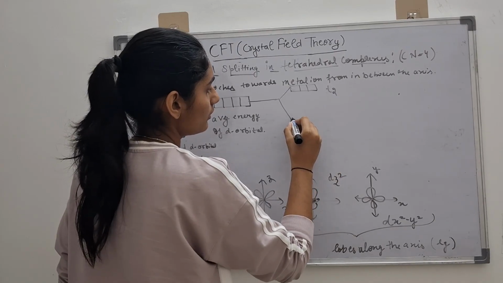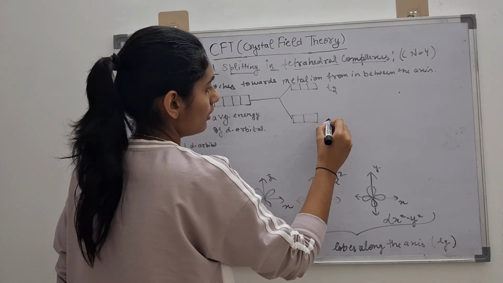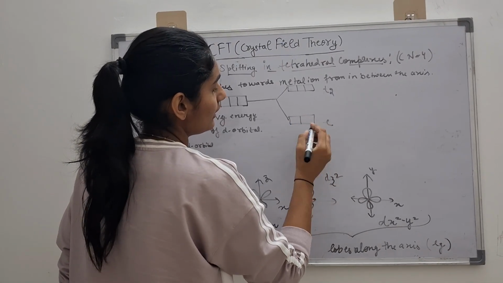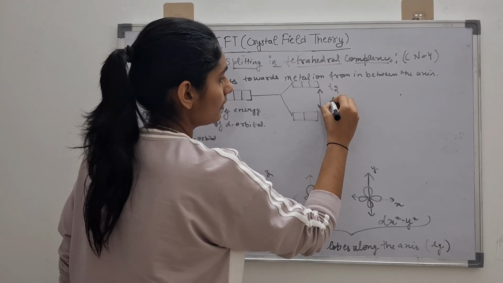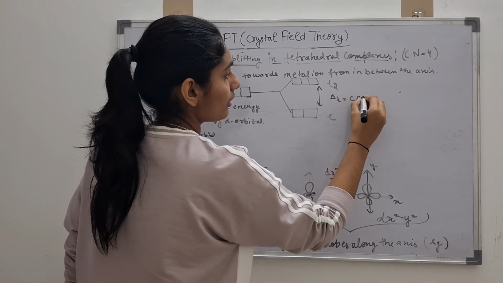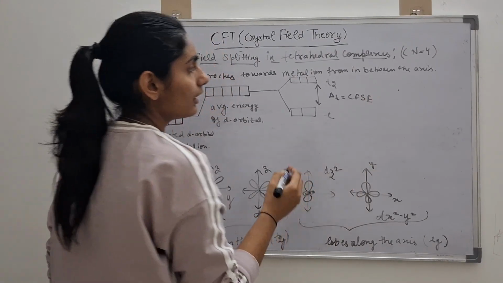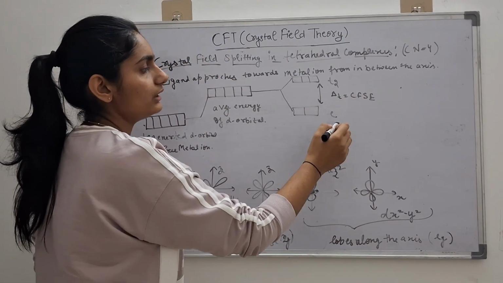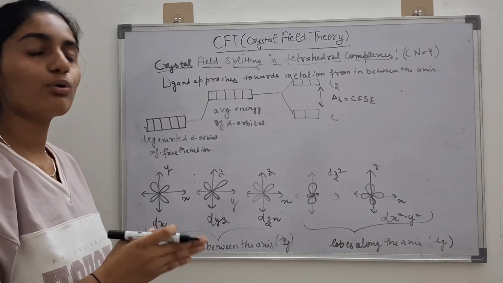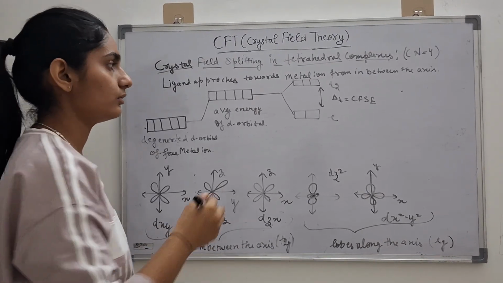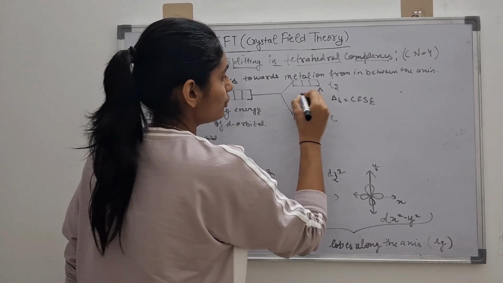T2 and E, and this is delta T, the CFSE in tetrahedral complexes. And why is there no g in this case? Because tetrahedral complexes do not have any center of inversion. That's why there is no g in this case.